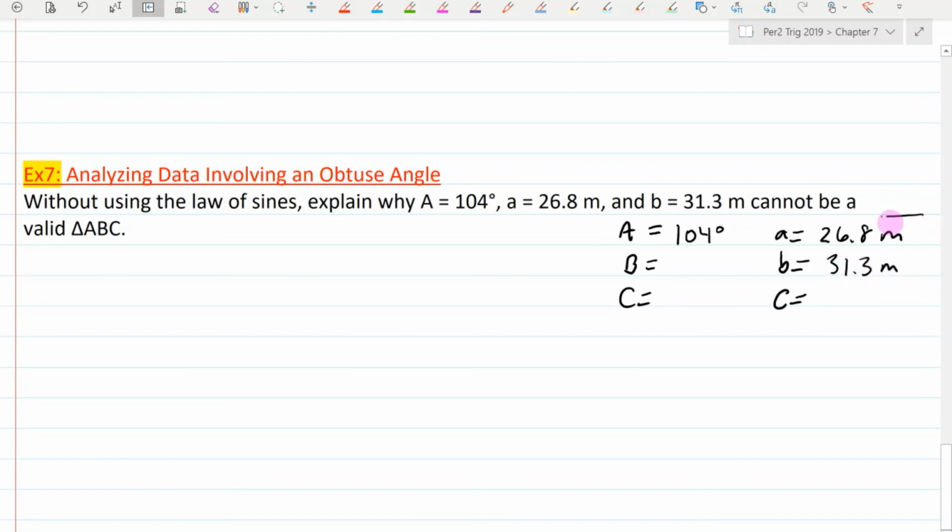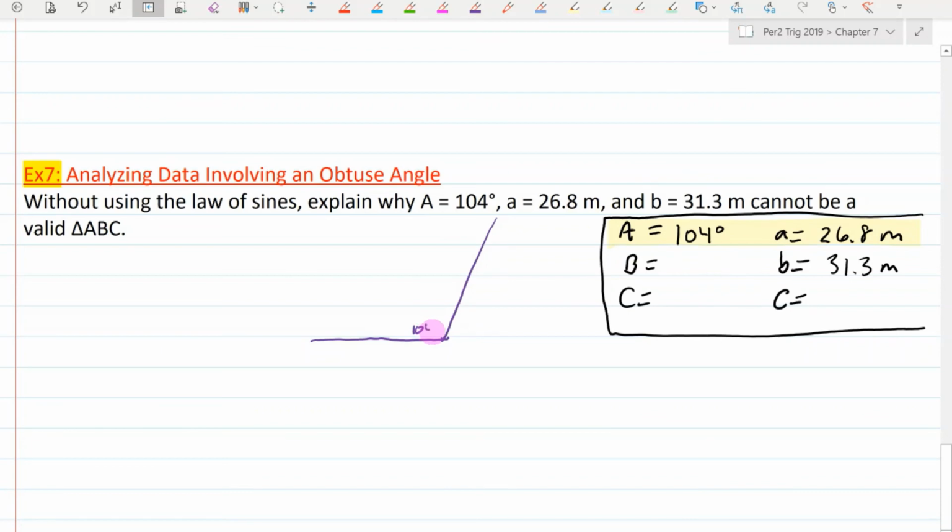So there is a way to tell what's going on here without doing any work. If you can analyze what you have here, you have an obtuse triangle. Whenever you have an obtuse triangle, the side that's across from it definitely has to be the longest side. So if this is 104 degrees, and that's angle A, and this is 26.8 meters, and let's say this is B, there's no way that side B can be longer.